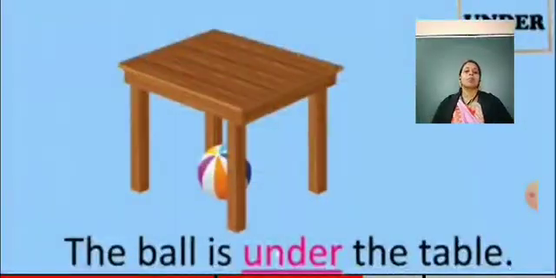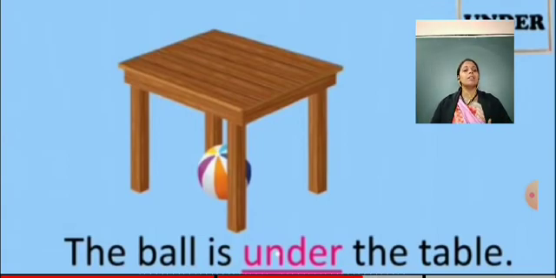Now look at the next picture. This is of a ball, and the position of the ball is that the ball is under the table. So the ball is under the table. What can you say? Please repeat with me once again.